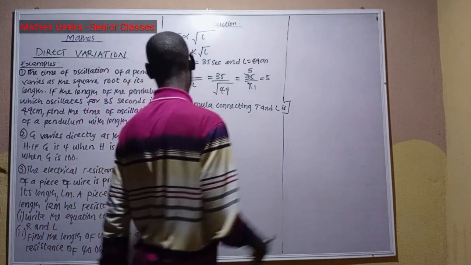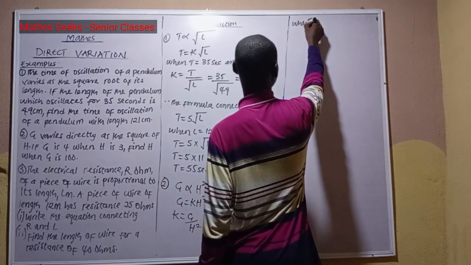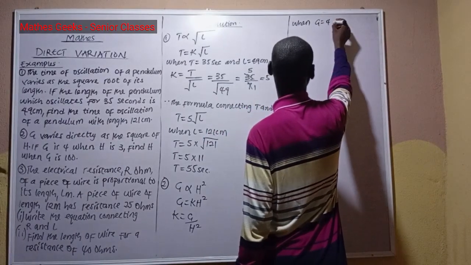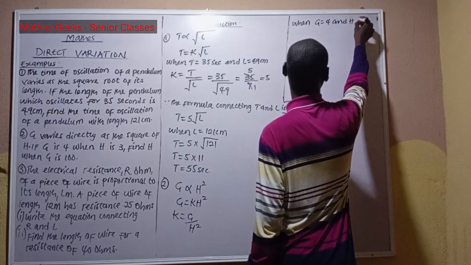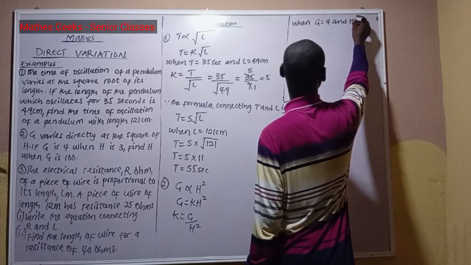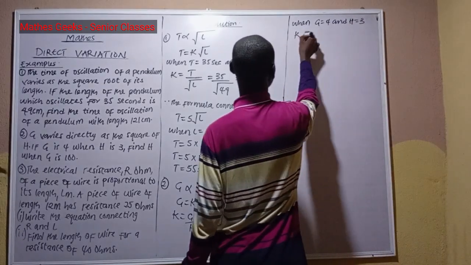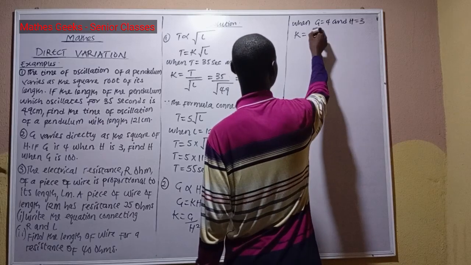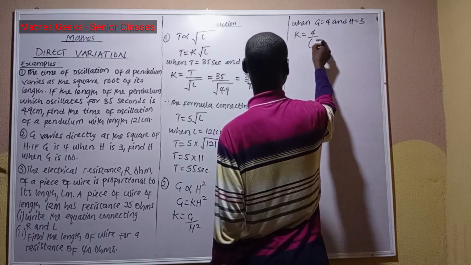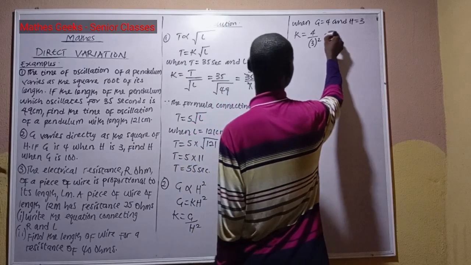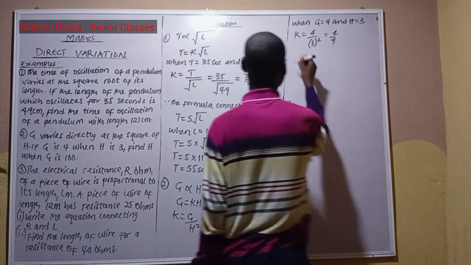So we'll come here. When G is 4 and h is 3, k equals 4 over 3 squared, and 3 squared is 9, so k is 4 over 9.